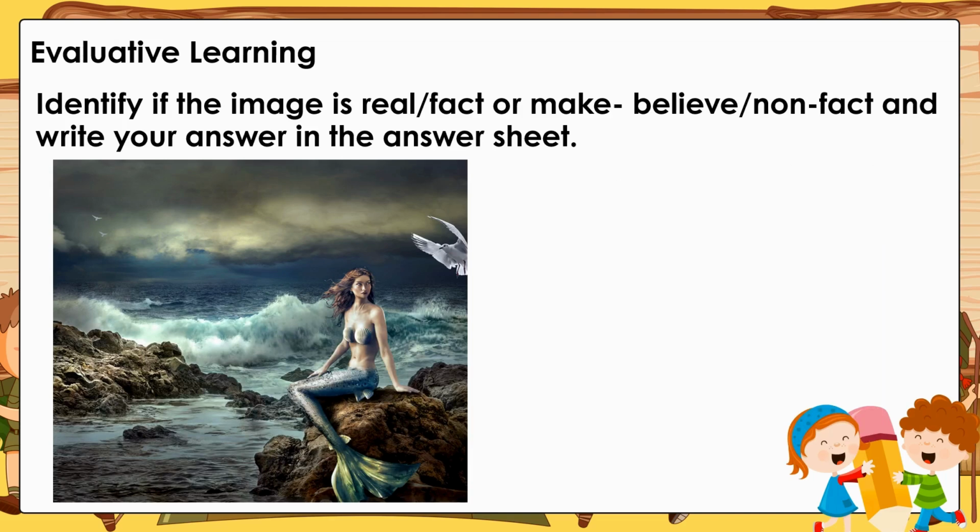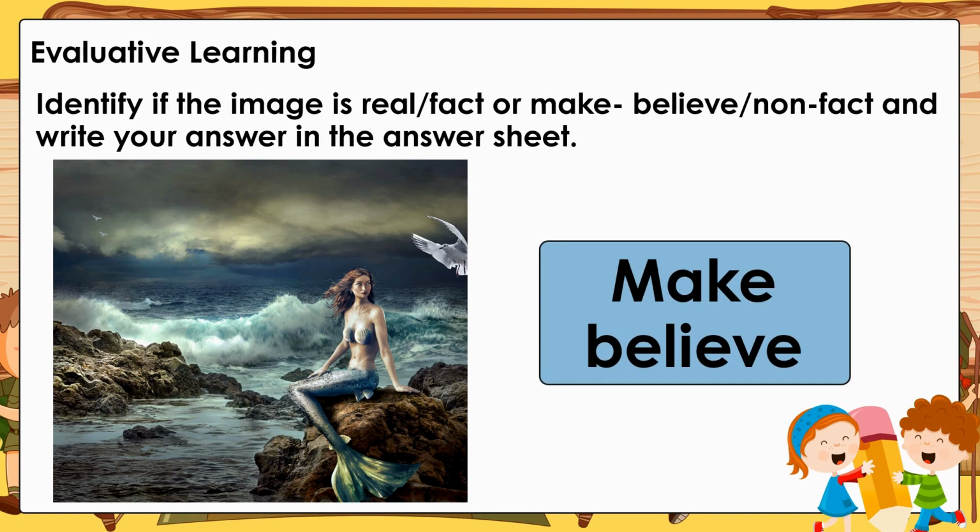For our evaluative learning, identify if the image is real or fact, or make-believe or non-fact, and write your answer in the answer sheet. Number 1, mermaid. Is this real or make-believe? The answer is make-believe.